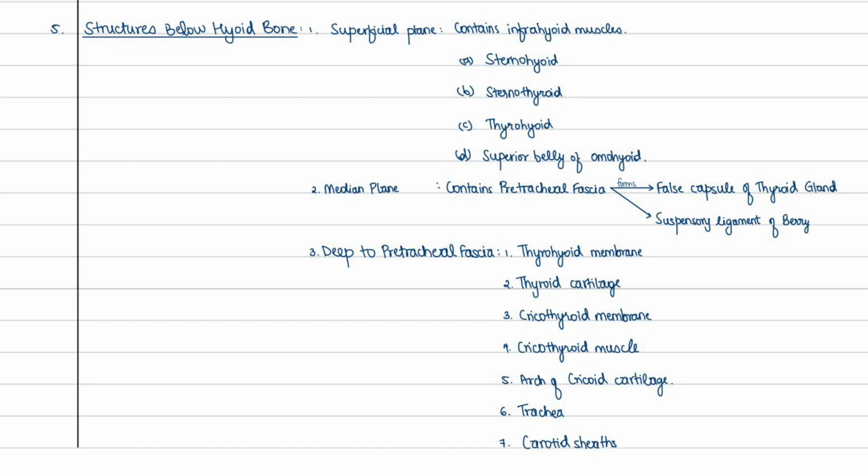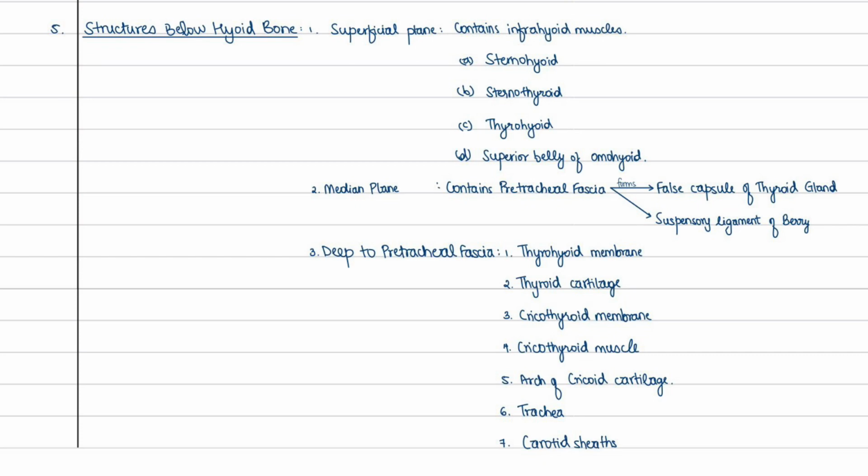This pretracheal fascia forms the false capsule of thyroid gland and the suspensory ligament of Berry, which we'll be studying under thyroid separately. Deep to the pretracheal fascia, we have the thyrohyoid membrane, the thyroid cartilage, the cricothyroid membrane, cricothyroid muscle, and arch of cricoid cartilage, also the trachea and carotid sheath.